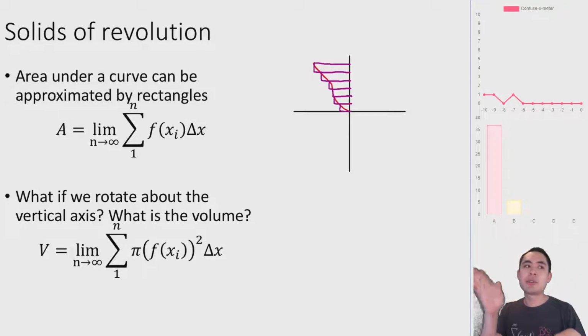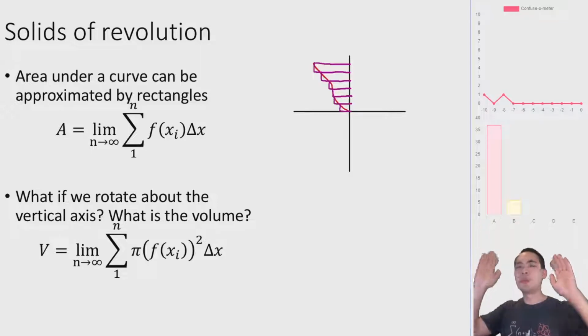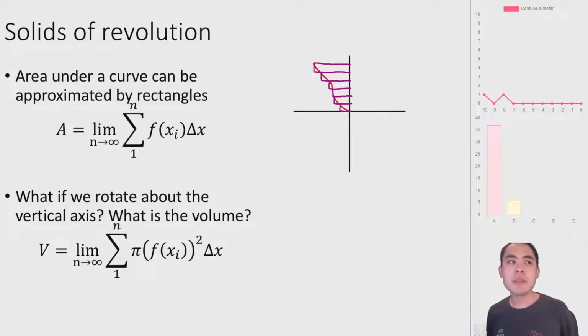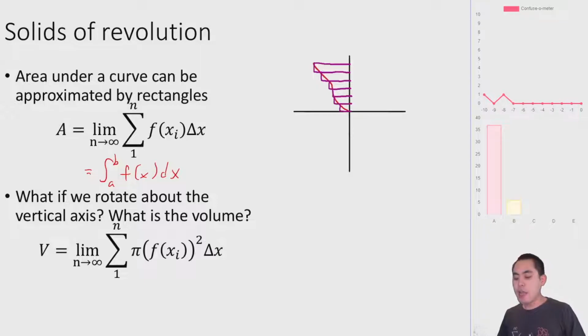It doesn't matter, so we're integrating along the vertical axis instead of the horizontal one, but it's still the same sort of idea, right? If you want to divide up that area, you can divide it up into the area to the right of the curve and break it up into little rectangles. And of course, we have a notation for this, which is the integral from a to b of f of x dx.